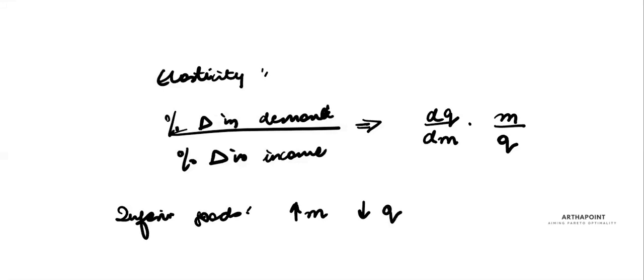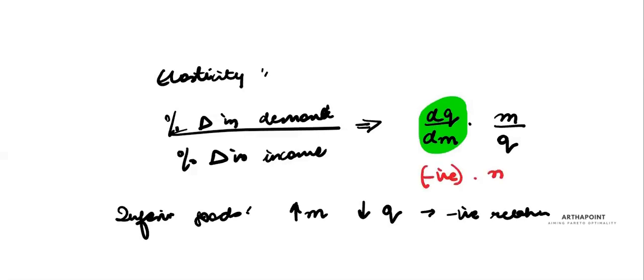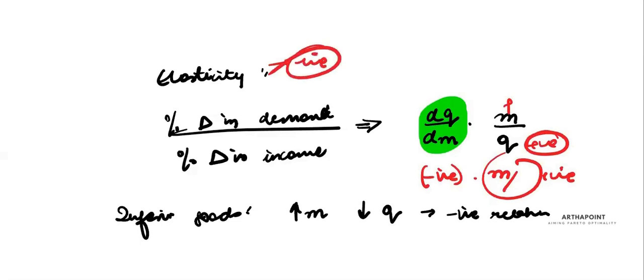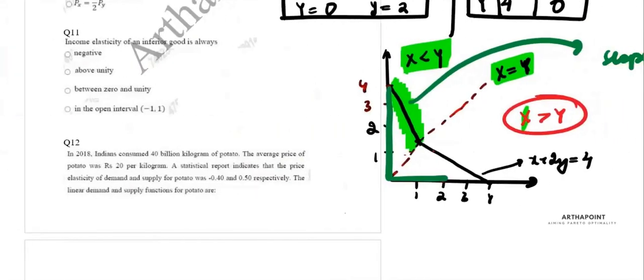Since there is a decrease in the quantity, there is an inverse or negative relationship. So when income increases, quantity decreases, this will be negative. Income is positive only. Quantity in itself is a positive unit, so this will be positive. So negative into positive will simply be negative.